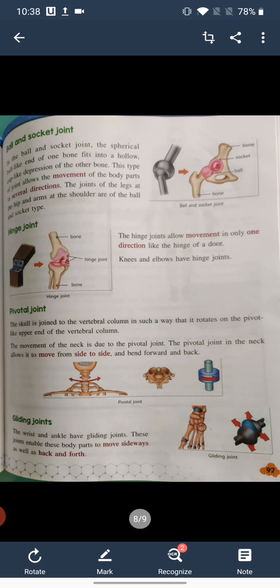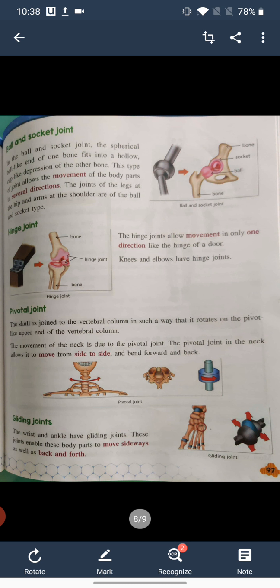The third category of joint is the pivotal joint. The ball on a stick type of joint is called a pivotal joint. The pivotal joint allows movement in many planes, up and down, side to side. Find out where this kind of joint is present in your body. The joint of the skull to the first two vertebrae of the backbone is a pivotal joint.